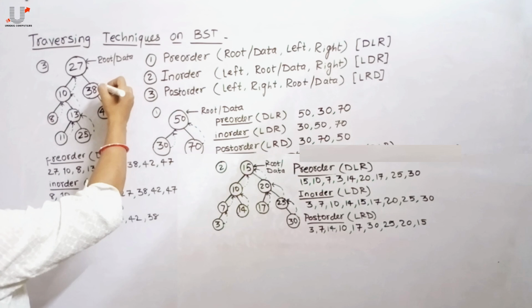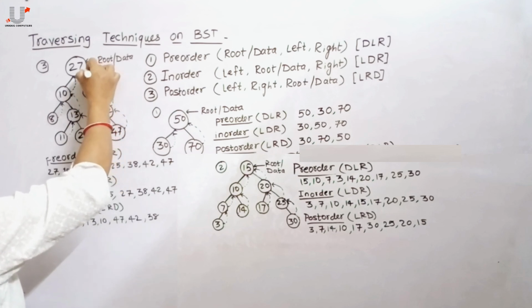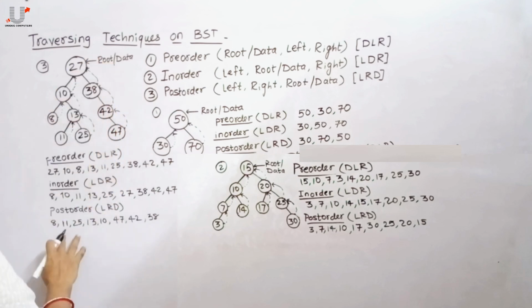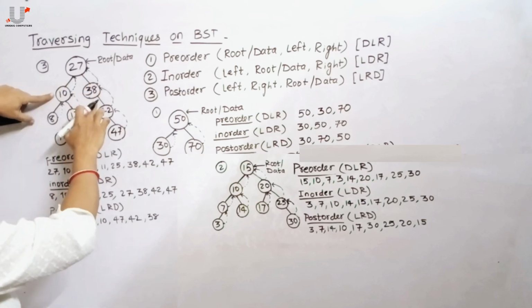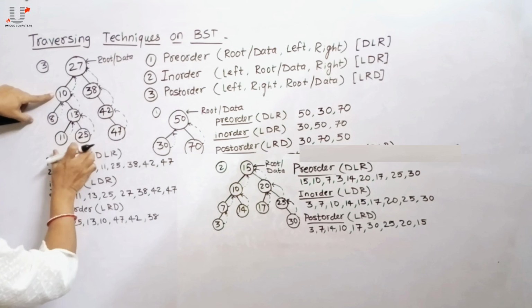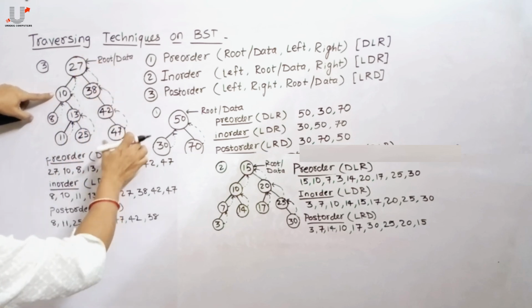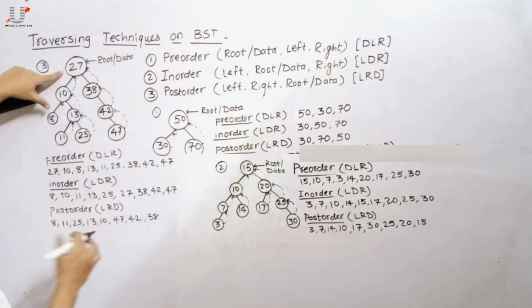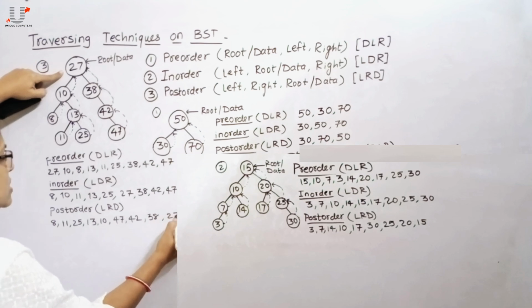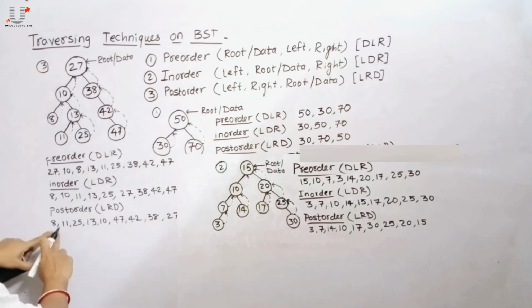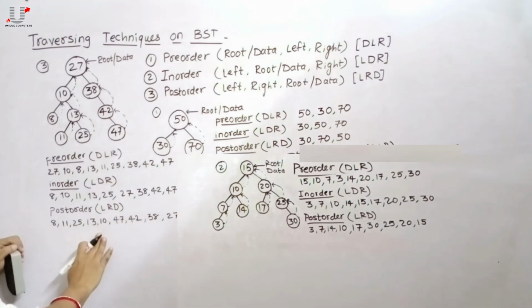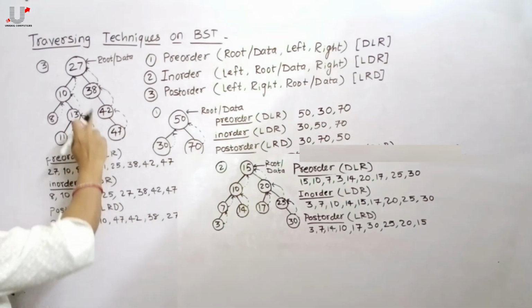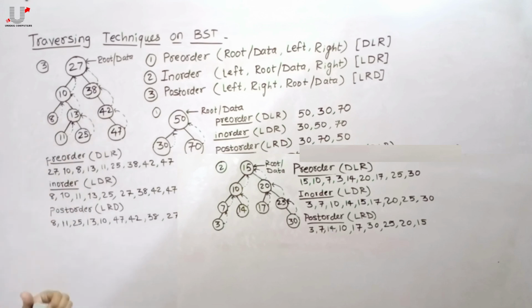Then after processing, control will again transfer to this 27, which is the parent for 10 and 38. As all the left and right subtrees have been processed, 27 itself gets processed. So this is 4, 5, 6, 7, 8, 9. This is the post order traversal of this binary search tree.